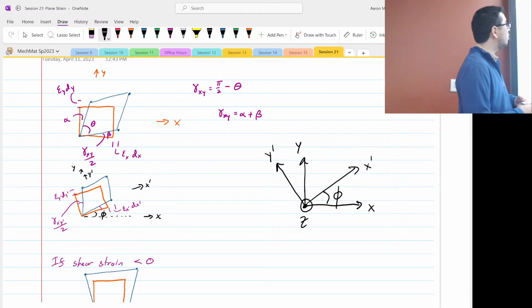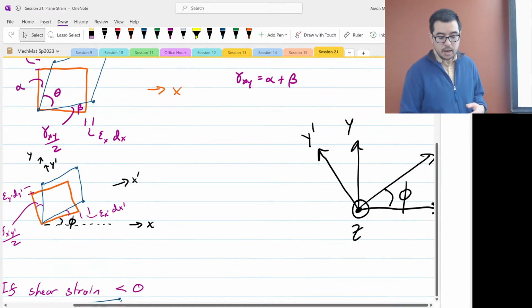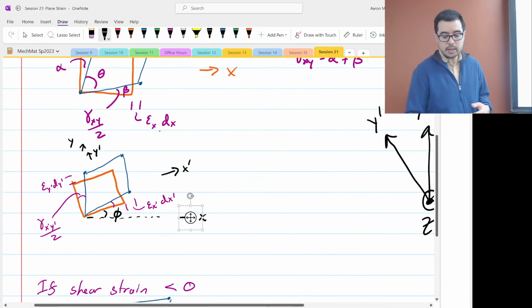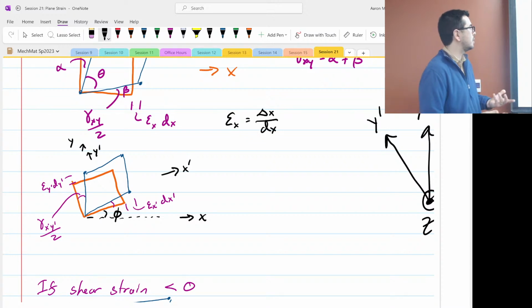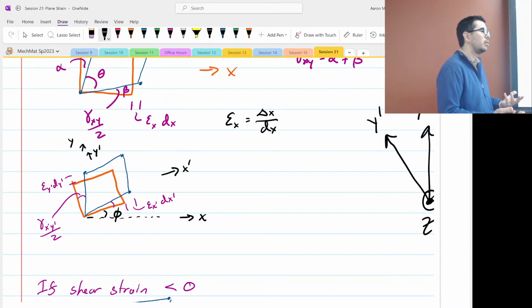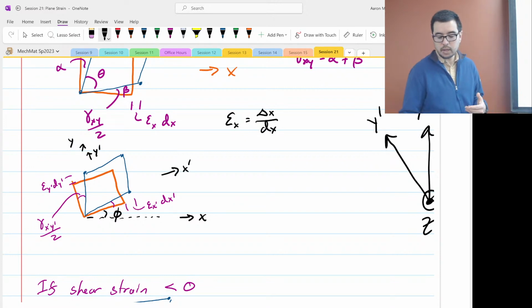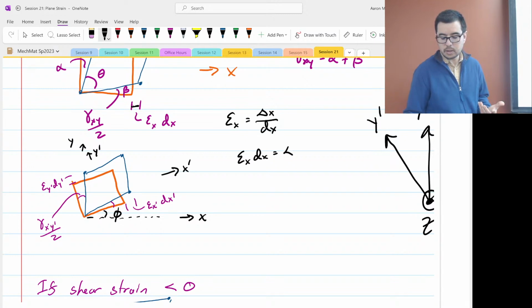How do these relate? Well, what is epsilon? Epsilon is going to be equal to a change in length over the original length, or maybe a delta dx. So if we say that this region right there is epsilon x dx, then epsilon x dx just becomes the change in the length.